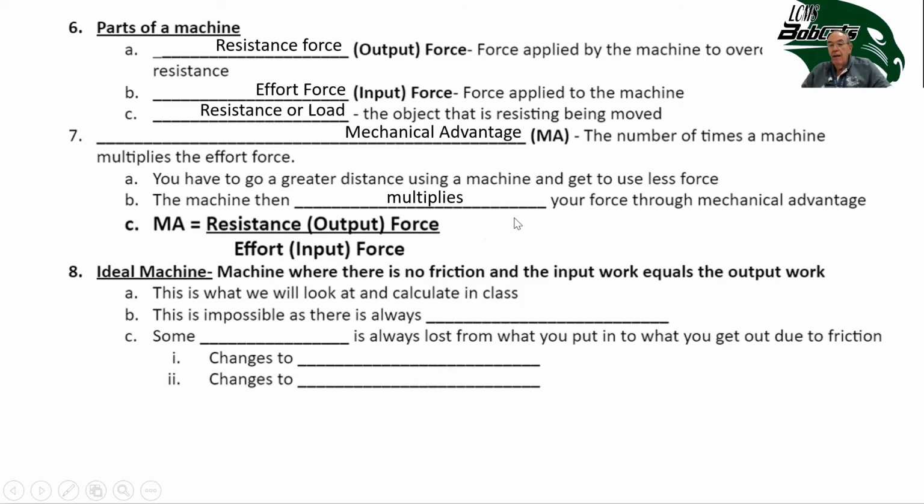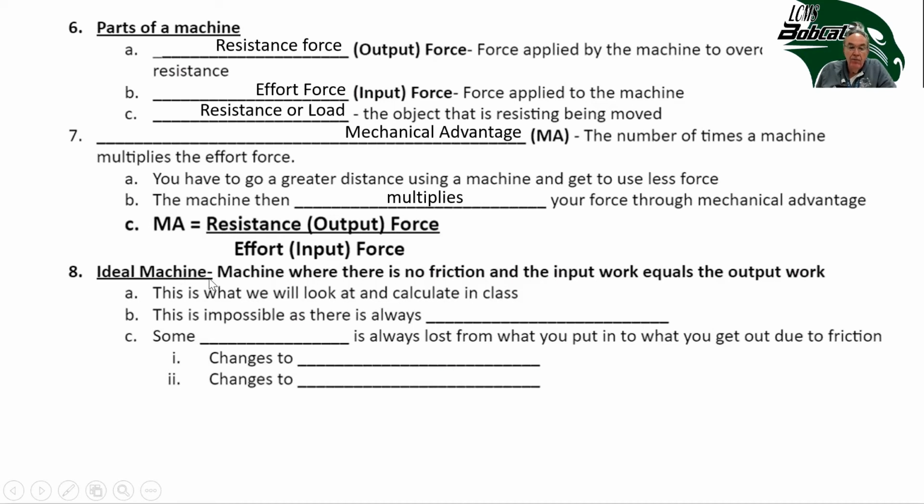So when she could push that box for 100 meters and she only needed to use 1 newton, the output was what was getting lifted, the 100 newton box. The input was the 1 newton. So it was multiplying her force by 100 times, but she had to push it 100 times as far.